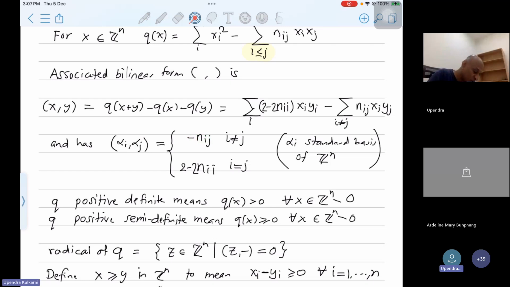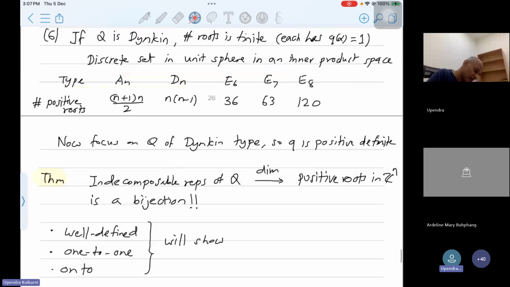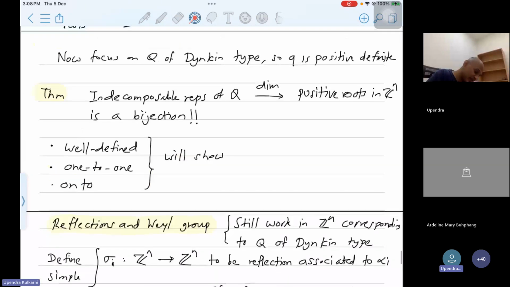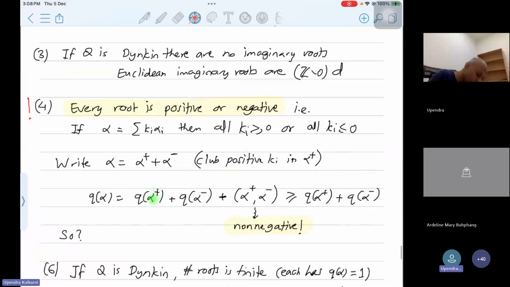However, the coefficients that occur in alpha plus are all positive, and the coefficients that occur in alpha minus are all negative. And the individual Nij's that I get are all coming with a negative sign. So every single term when I open the parentheses turns out to be a positive term, or zero if Nij is zero.